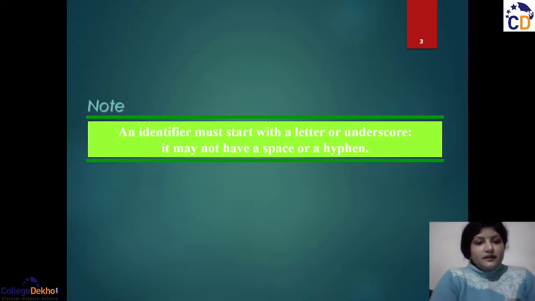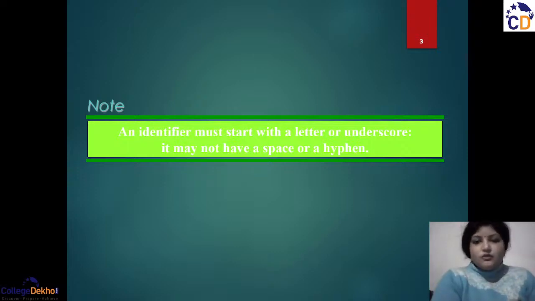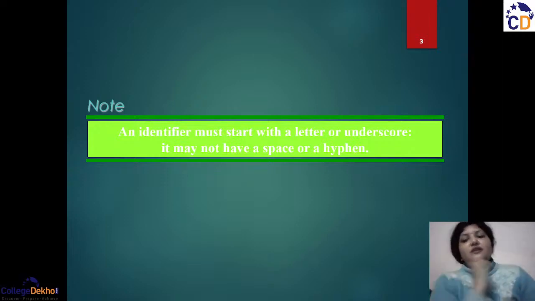There is one point to be remembered. An identifier must start with a letter or an underscore. It may not have a space or a hyphen. Let's suppose I want to name a student name. It could be written student underscore name. It should not be student hyphen name, or student space name, right?